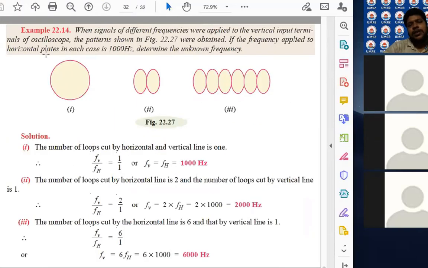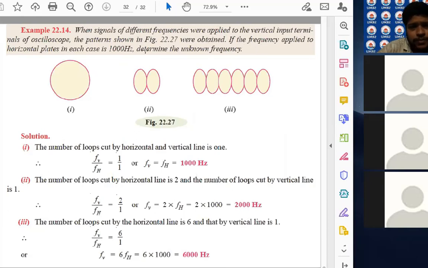Let's do a problem where this has 3 parts. We need to determine the unknown frequency. Let us read the question, it becomes more clear. When signals of different frequencies were applied to the vertical input terminal of an oscilloscope, the patterns shown were obtained.